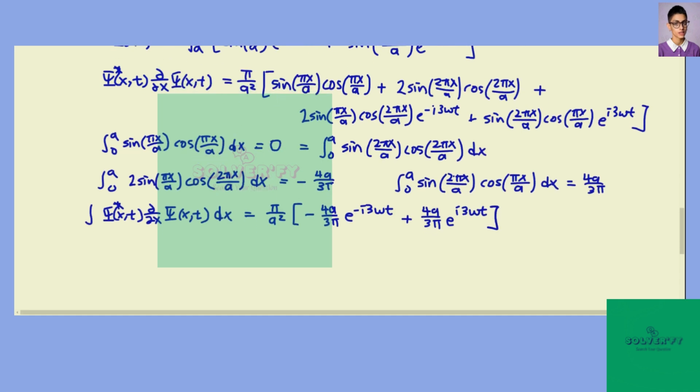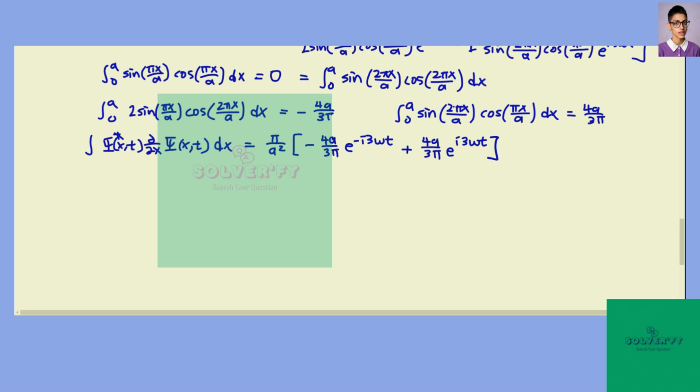Okay, so the pi cancels, the a also cancels. So you have 4 over 3a, e to the i 3 omega t minus e to the minus i 3 omega t. So 4 over 3a times 2i sine 3 omega t.